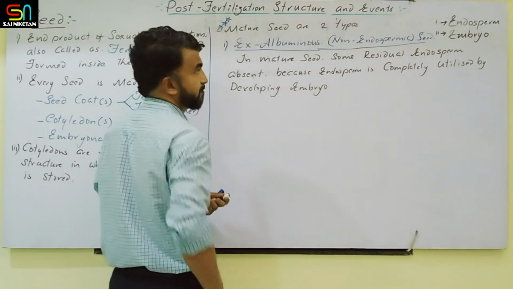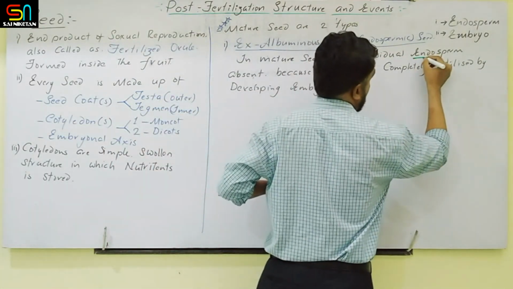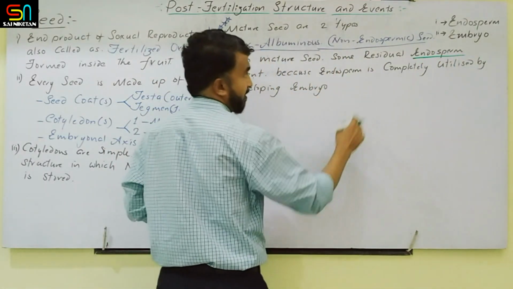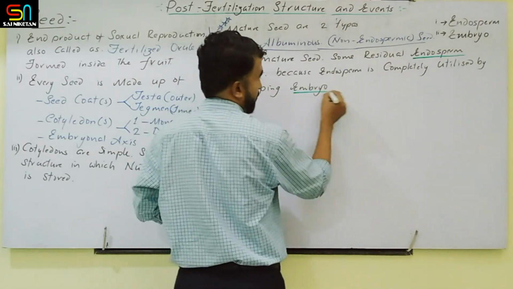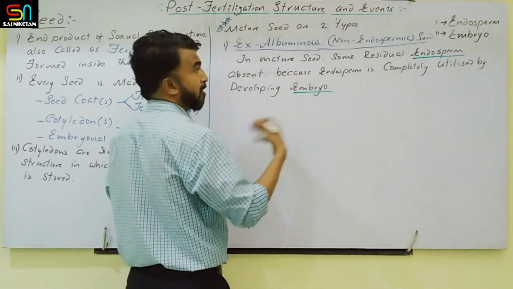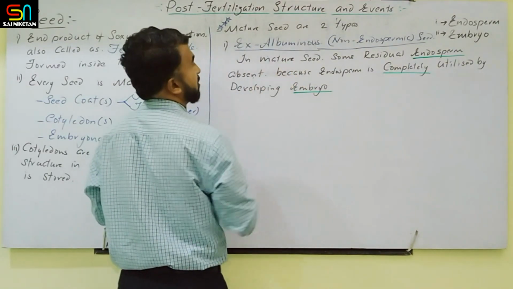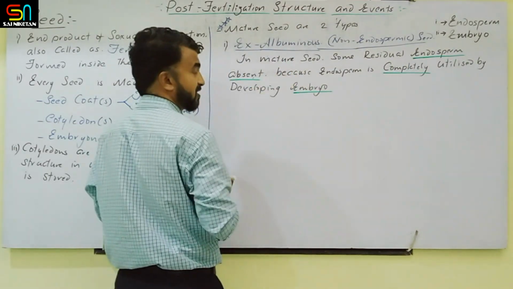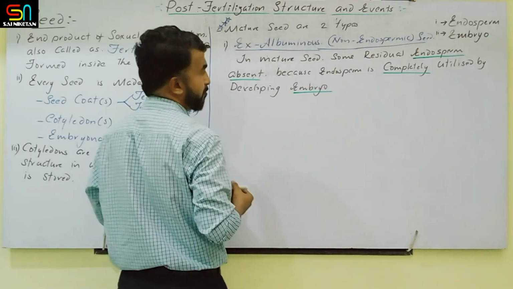Try to understand this. Endosperm is a source of nutrition, the food required for the developing embryo. If the embryo utilizes this endosperm completely, then in the mature seed the endosperm is absent. Such seeds are called exalbuminous or non-albuminous seeds.